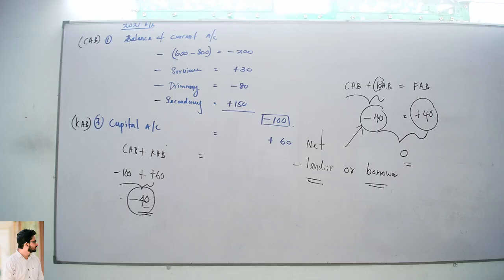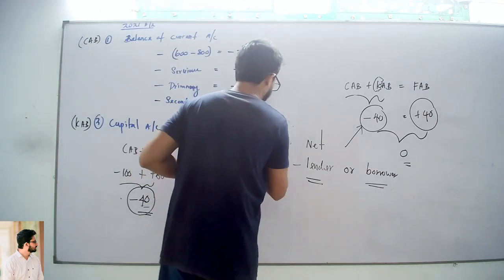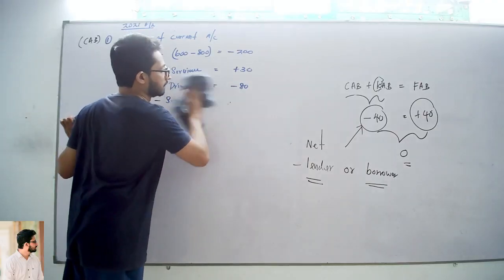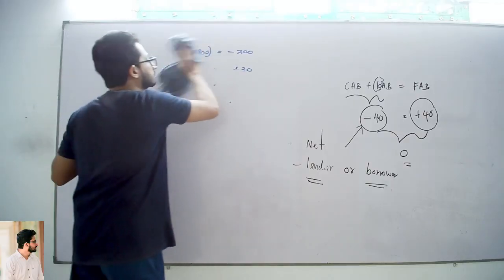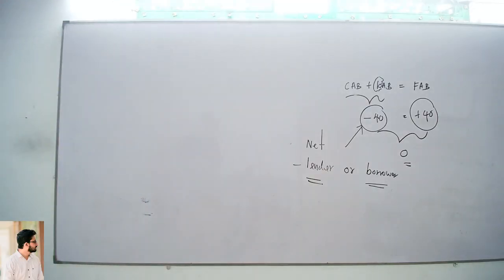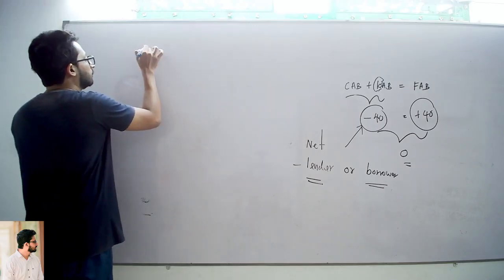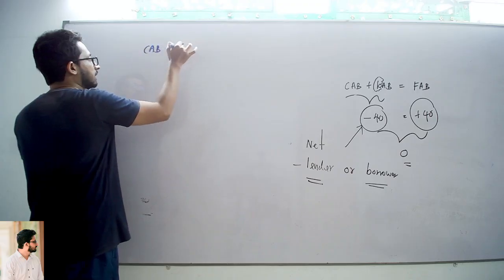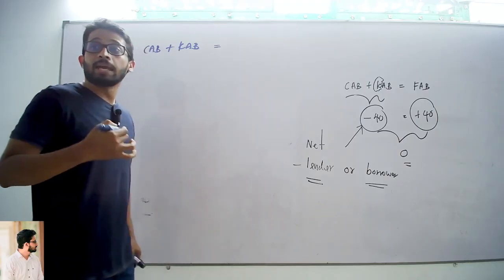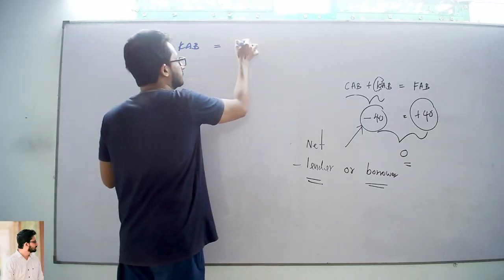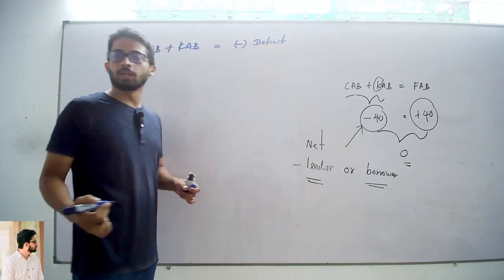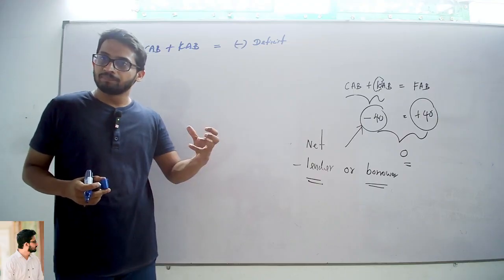If the current account balance plus capital account balance KAB ends up with a minus value, or we can say a deficit, it means we have paid more.